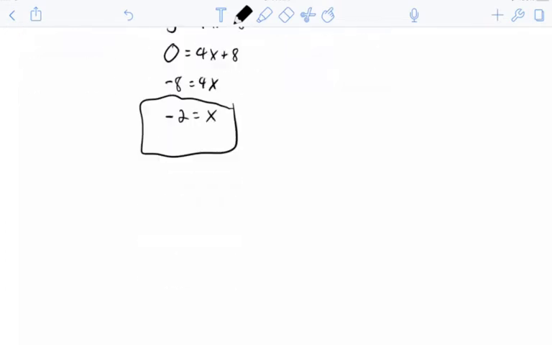Okay, so to review, here's our medicine wheel. A linear function is described as a relationship between two variables, x and y. They don't have to be x, they don't have to be y, but one of them is the independent variable, and the other is the dependent variable.